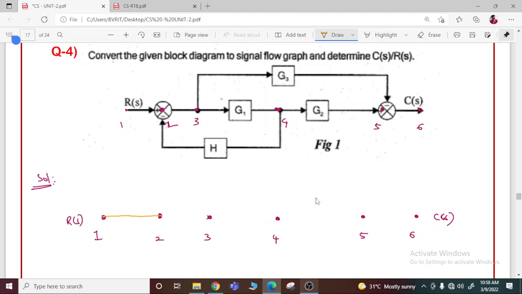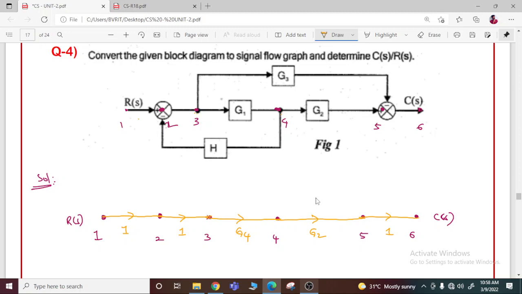So this is a forward path as per the directions given in the signal flow graph. If there is no gain available, I can write 1. Between 2 to 3 also nothing is present, I can write 1. Between 3 to 4 I have G4 in the given direction. Between 4 to 5 G2 is there in the given direction. From 5 to 6 there is nothing, so I can write 1.